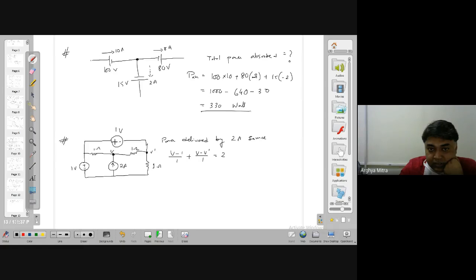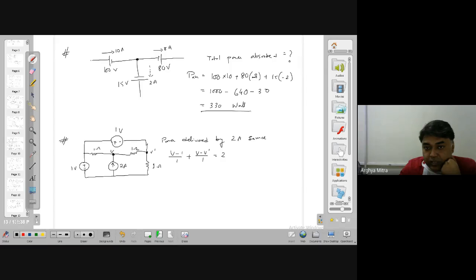And with V dash, what I have? See, you go with the outer loop KVL. What you will get? 1 volt, then minus 1 volt. So net voltage at the outer loop is 0.